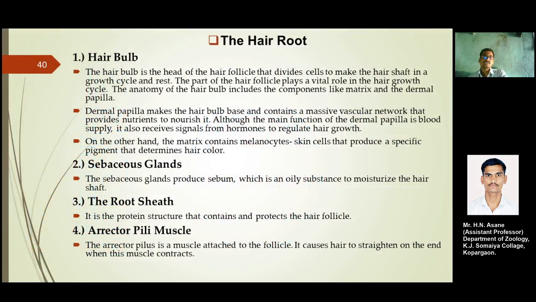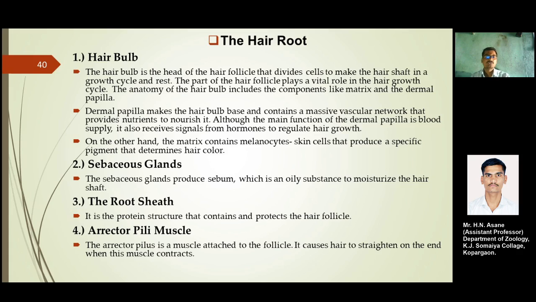Okay, so the second main structure is the hair root structure, which comes after the shaft cells. The first main part is the hair bulb. The hair bulb is the head of the hair follicle that drives the cells to make the hair shaft.